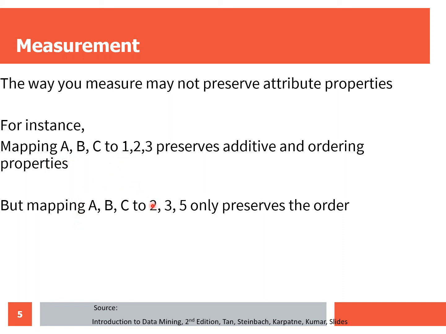But if I map A to 2, B to 3 and C to 5, I'm only preserving the order. So it depends on your application how you are transforming the data and what your requirement is. Do you need only ordering, or is the additive property also important? Then only you will be able to choose the correct transformation function.